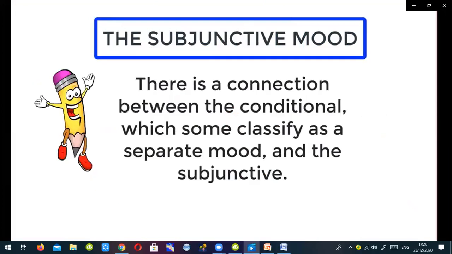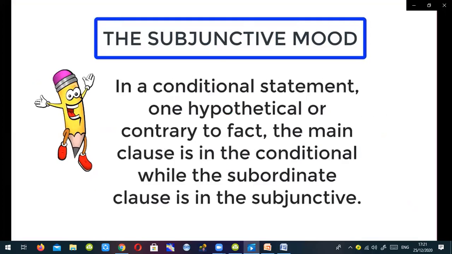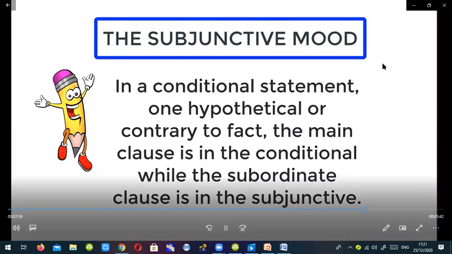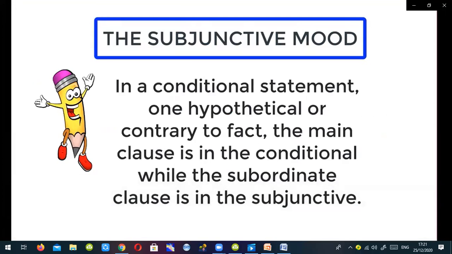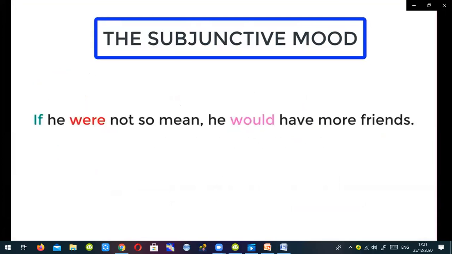Now note that there is a connection between the conditional, which some classify as a separate mood, and the subjunctive. In a conditional statement, one hypothetical or contrary to fact, the main clause is in the conditional, while the subordinate clause is in the subjunctive. Like in these examples: if he were not so mean, he would have more friends.